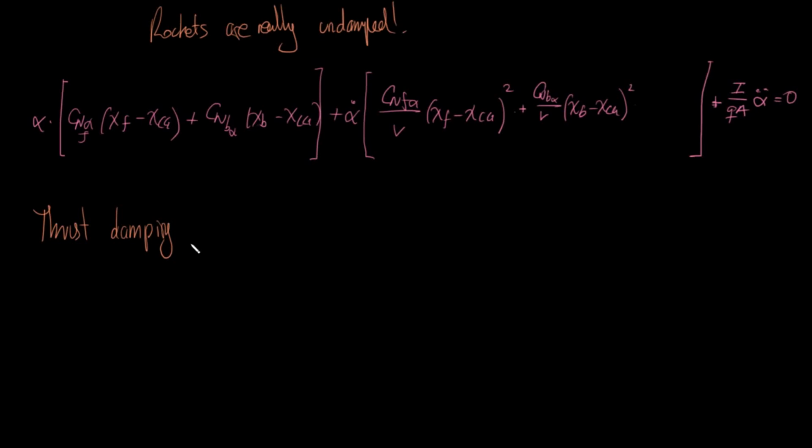So the thrust damping term is going to be this term here, which I'm going to add. The thrust damping term is proportional to the mass flow rate of our rocket motor, which we're going to discuss in section 3, about solid rocket motors, times the length of the rocket minus the center of gravity, divided by the dynamic pressure and the reference area.